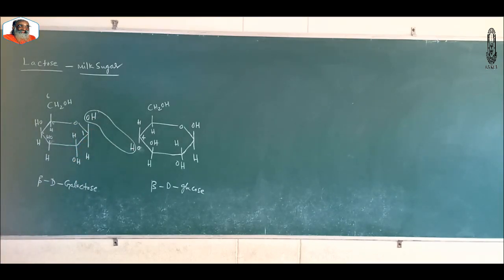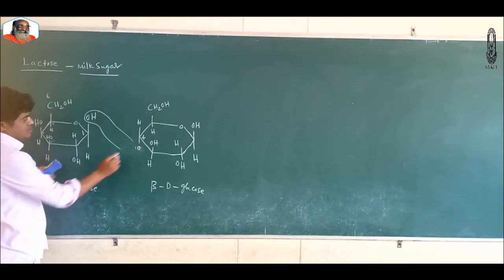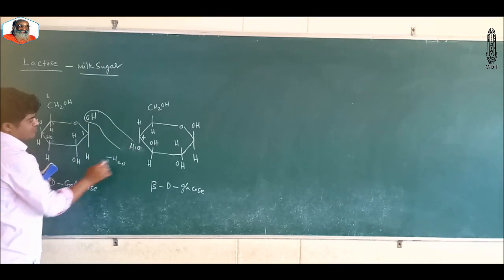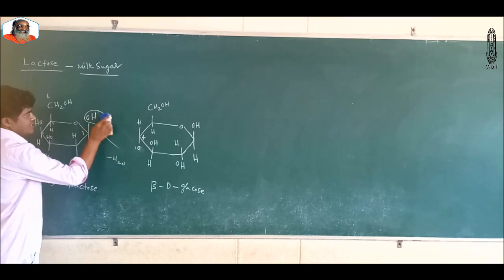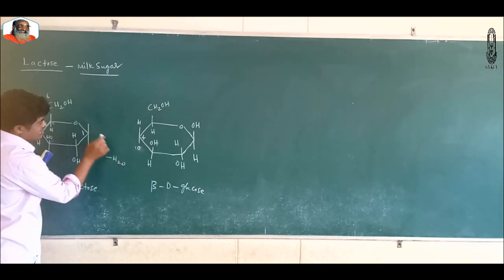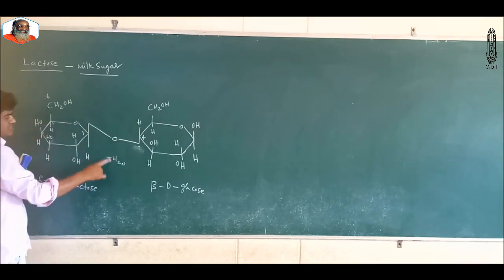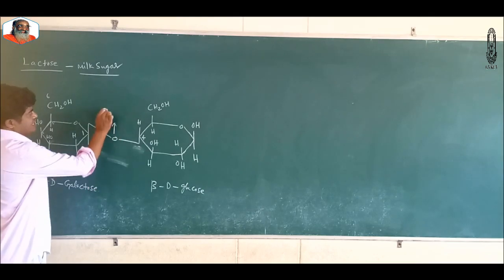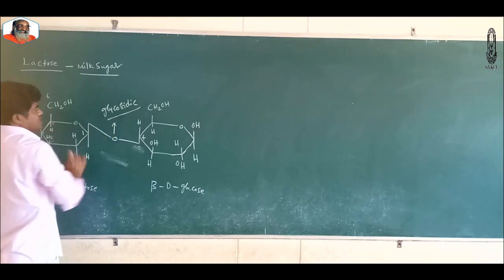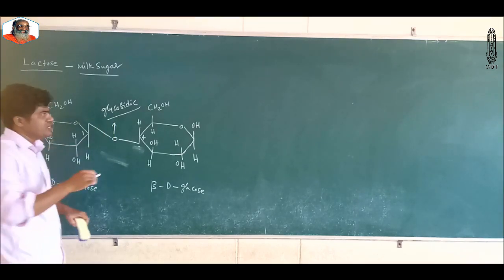You are getting a glycosidic linkage, or oxide linkage. See, there is an oxygen atom. This is the glycosidic linkage. So, where is this glycosidic linkage formed? That is very important for us.